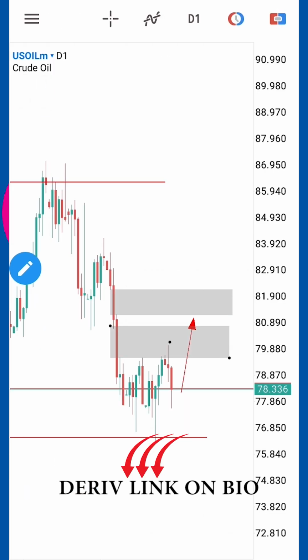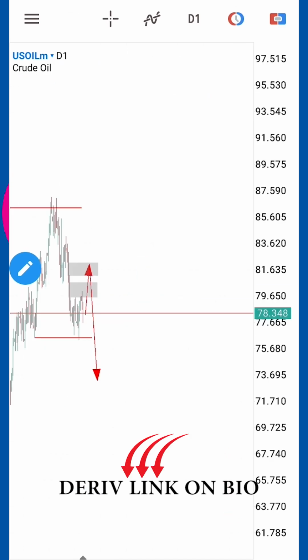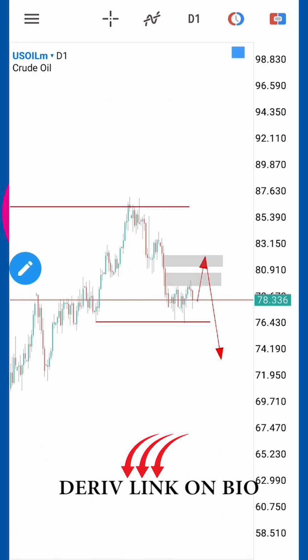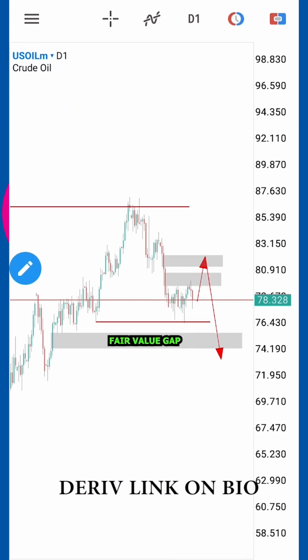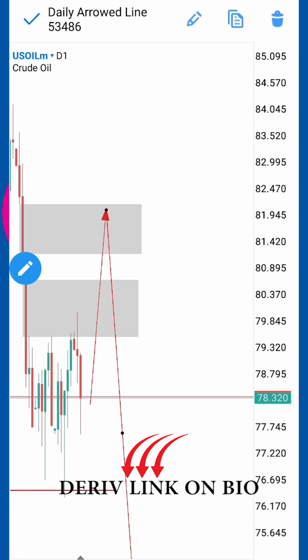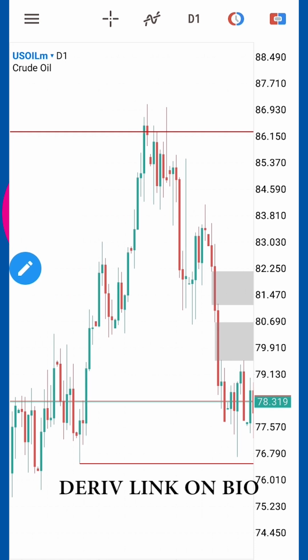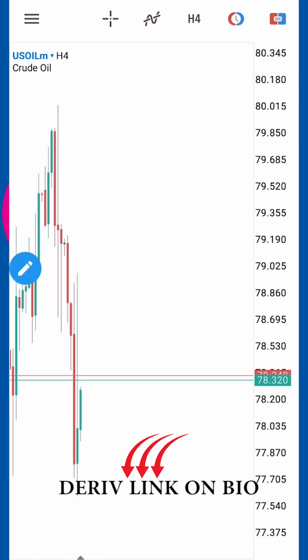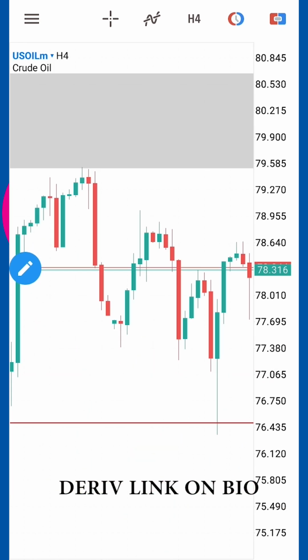So that's our sort of bias on the weekly and the daily. It's that simple. Price has to shoot up to fill those imbalances above and then shoot back down to fill the fair value gap below those lows. Now this is on a huge time frame, so yeah, it's sort of gonna occur over a long period of time.